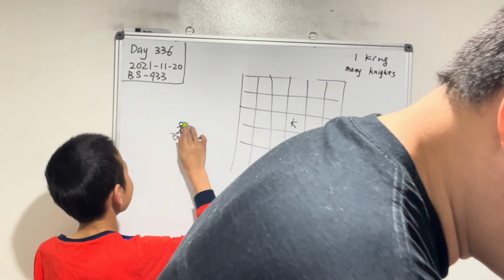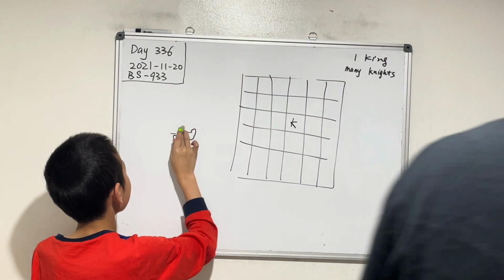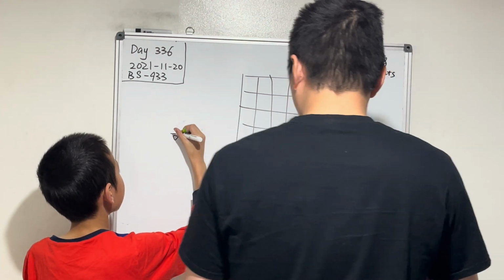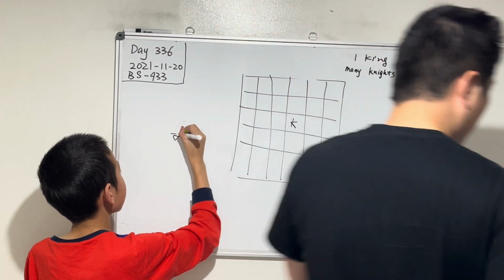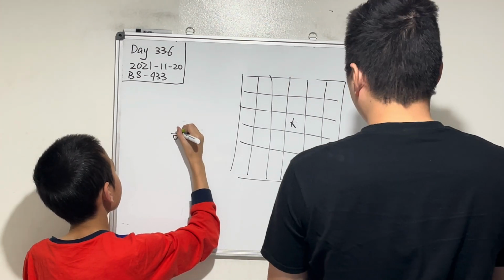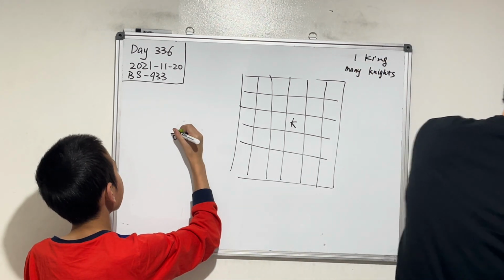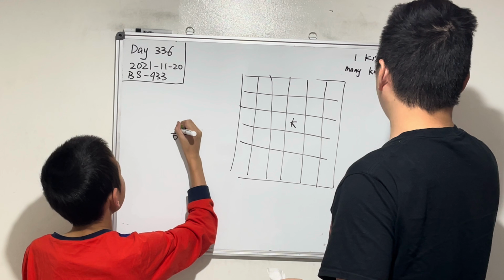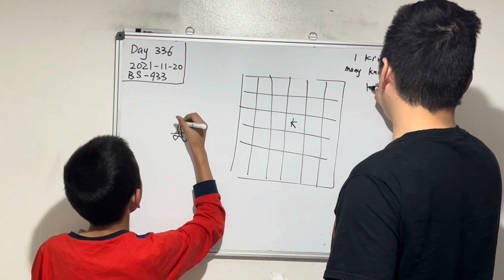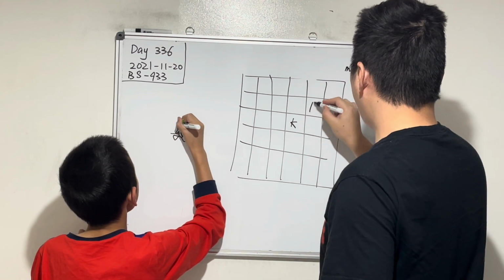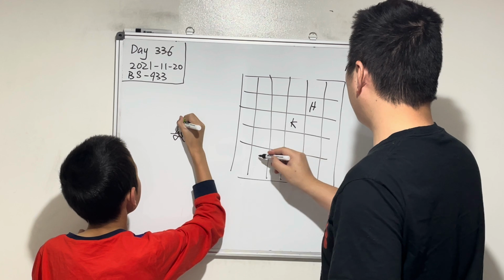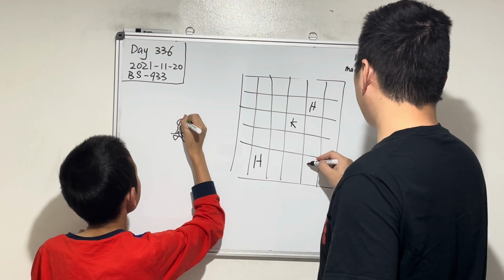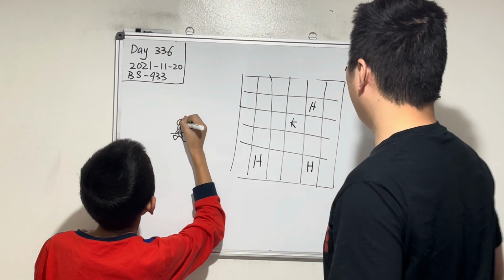You can use this one. So let's use the edge, because it will be a horse edge. So it could be 2 edge, 3 edge here.